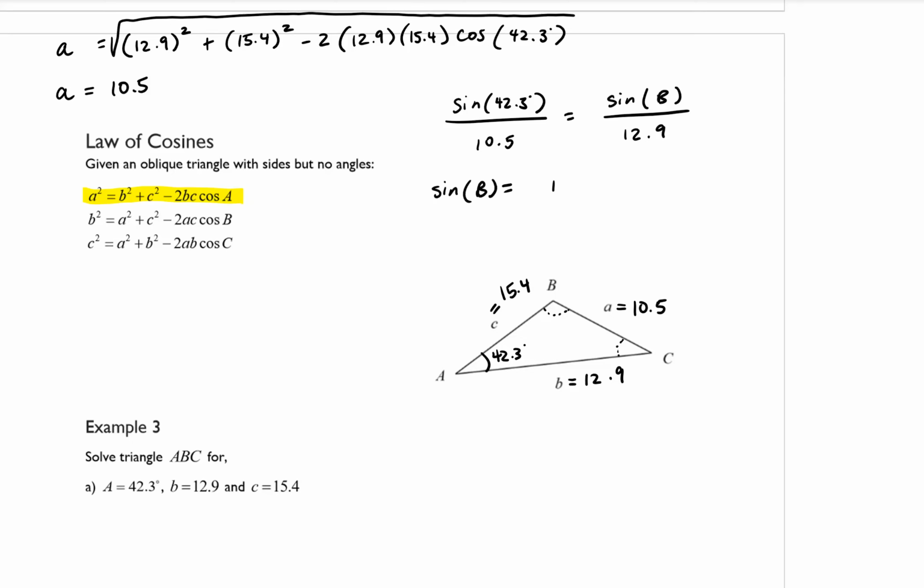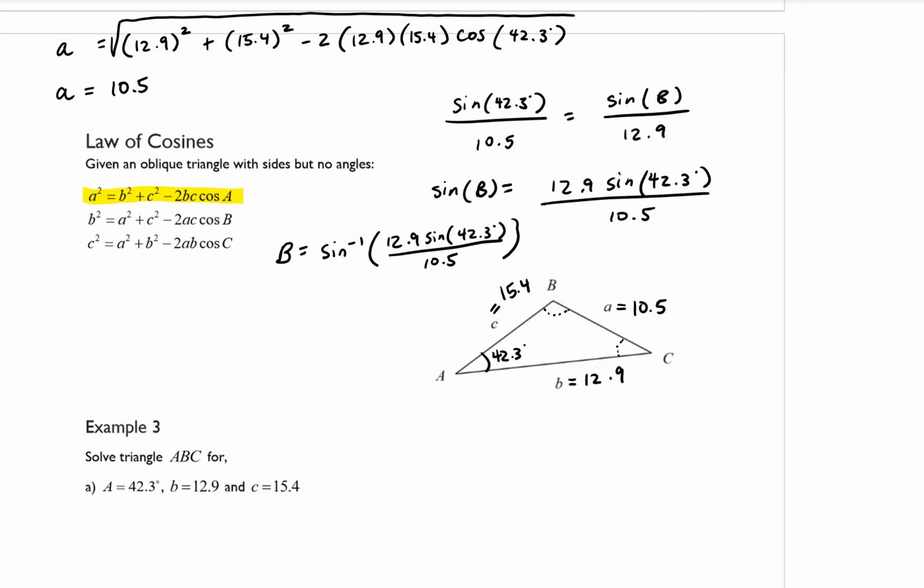Okay, so if I multiply both sides by 12.9, then I'm going to get sine of B is equal to 12.9 times sine of 42.3 degrees over 10.5. And then if I take sine inverse of both sides, we get B is equal to sine inverse of 12.9 times sine of 42.3 degrees over 10.5.